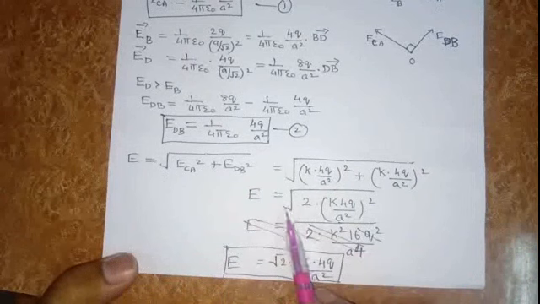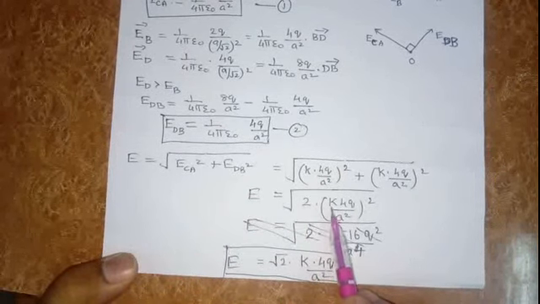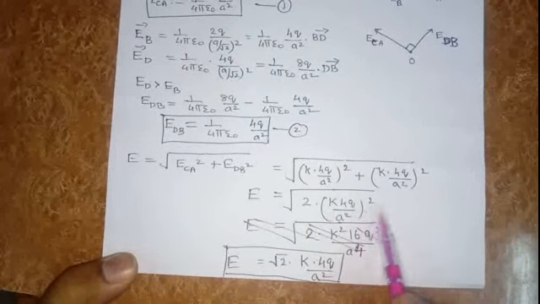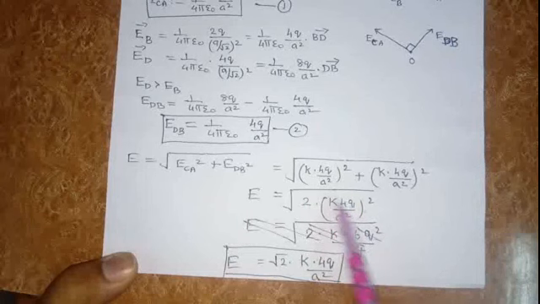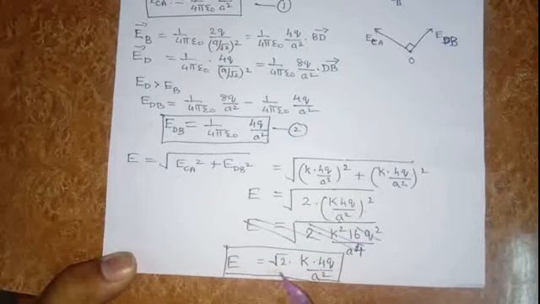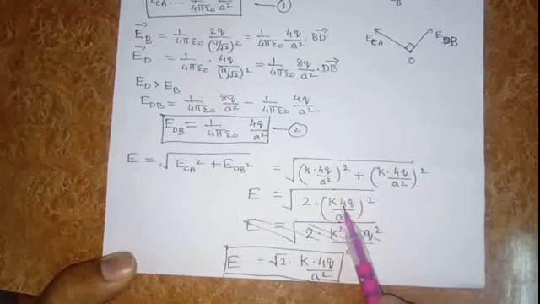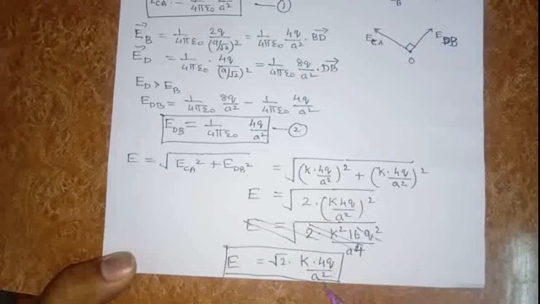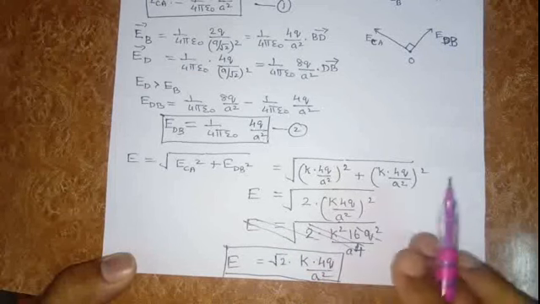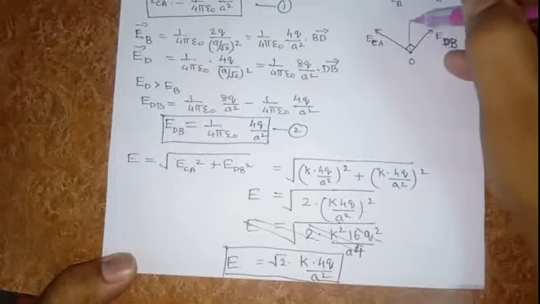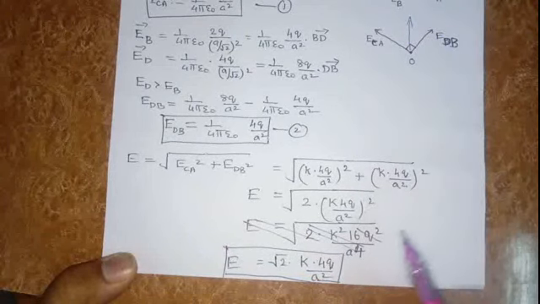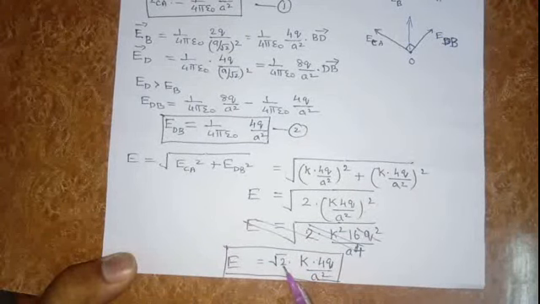That means root of 2 times K into 4Q divided by A square the whole square. This term can be taken out of the square. The net electric field will be in this direction. The answer is E equal to root 2 times K into 4Q divided by A square.